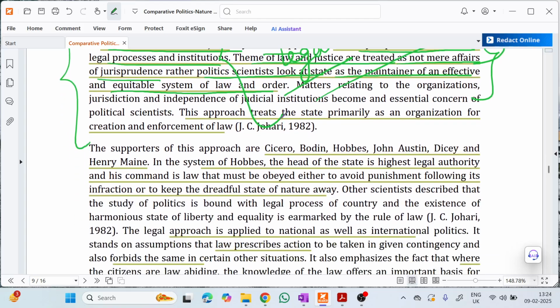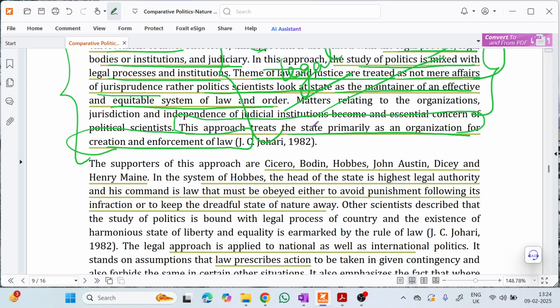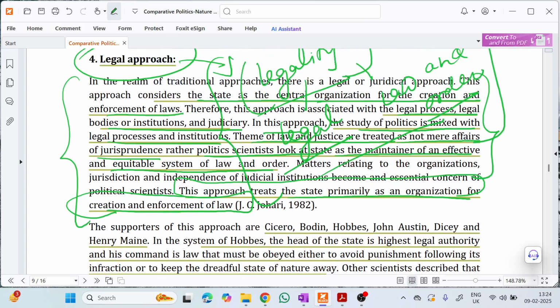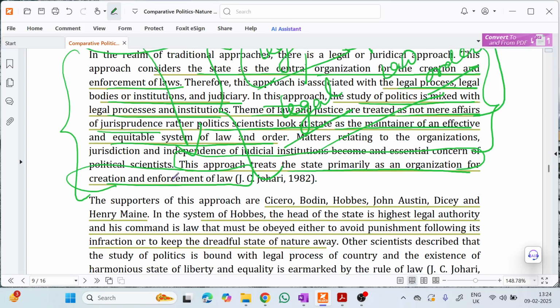And this approach treats the state primarily as an organization for the creation and enforcement of law. So here, the lens by which the legal approach looks at the state is of an institution that is confined to the creation and enforcement of law.